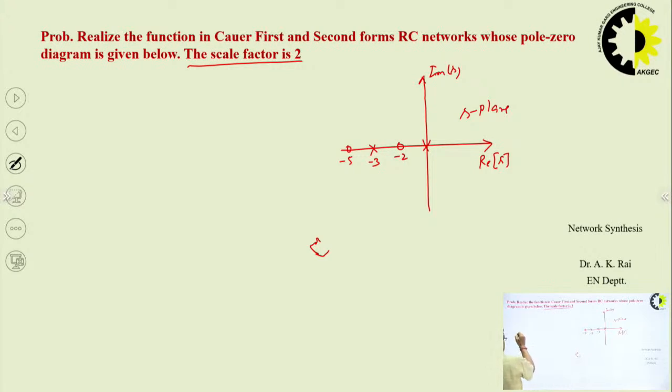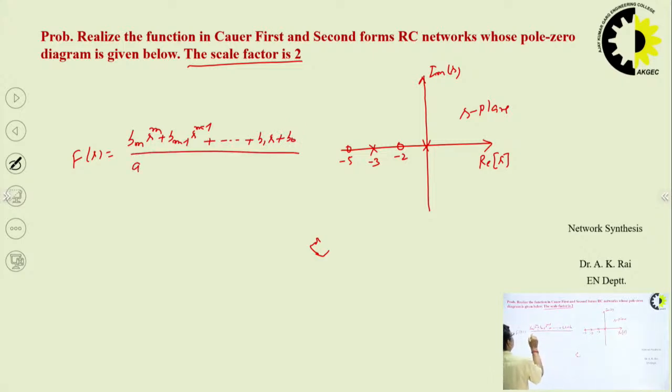If you remember, the network function in generalized form is Bm s to the power m plus Bm minus 1 s to the power m minus 1 plus and so on up to B1 s plus B0, divided by An s to the power n plus An minus 1 s to the power n minus 1 plus and so on up to A1 s plus A0. So, this is the general form.